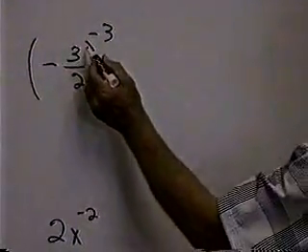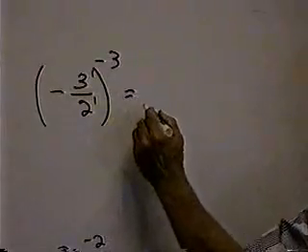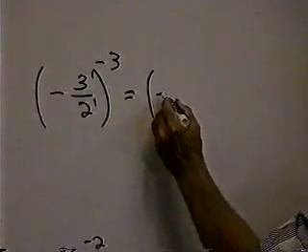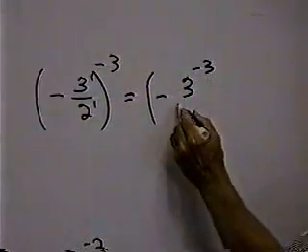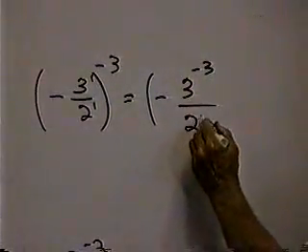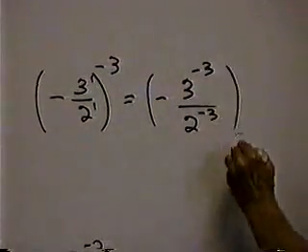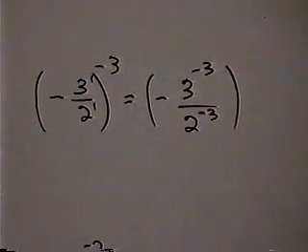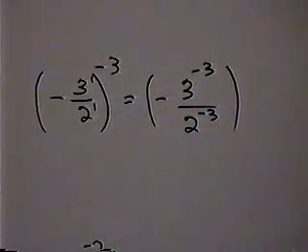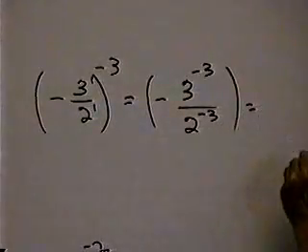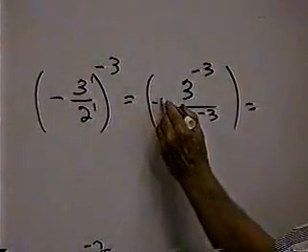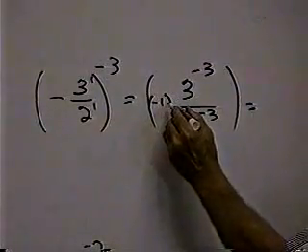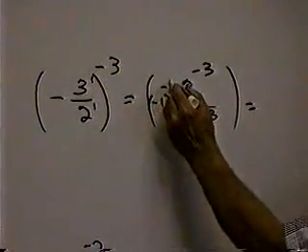All right, remember now this is the first power. So it's a minus 3 to the minus 3 over 2 to the minus 3. So that's, and this is a minus 1, okay, to the minus 3.